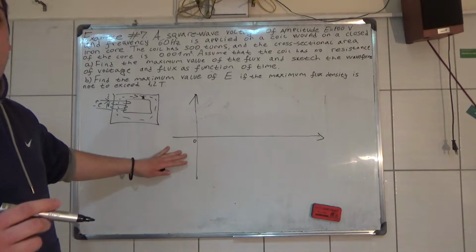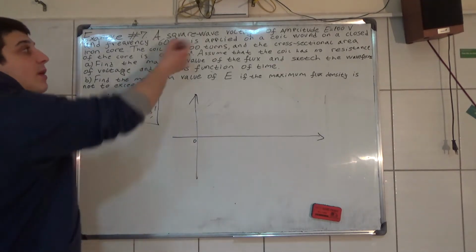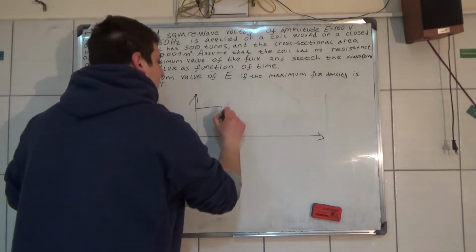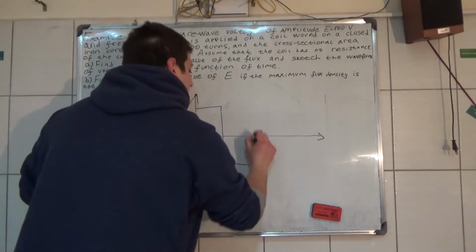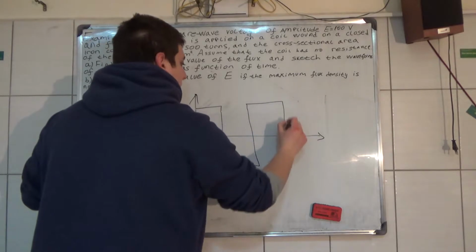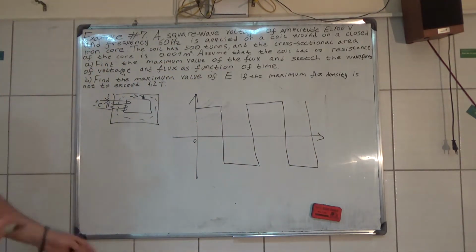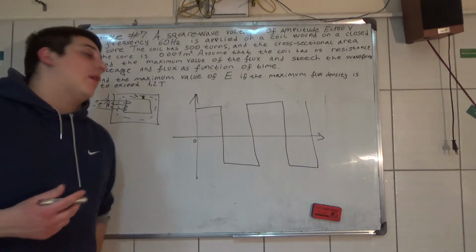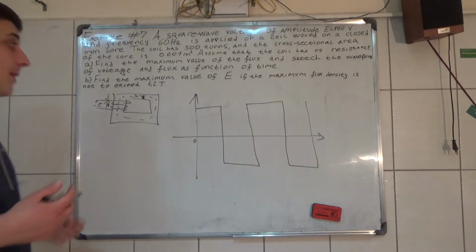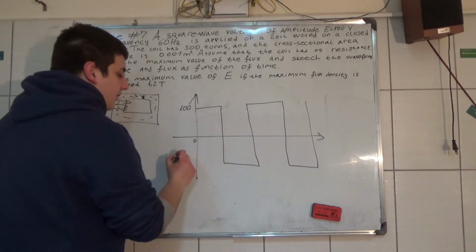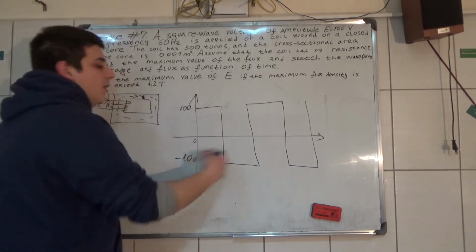Then at this point 0 we bring a square wave voltage that looks something like this. It continues, it's a periodical waveform, with amplitude 100 and minus 100 volts.